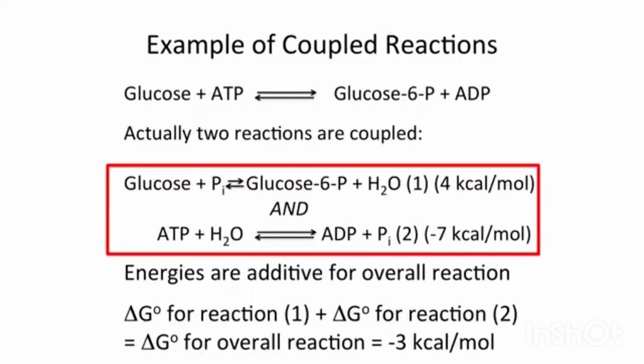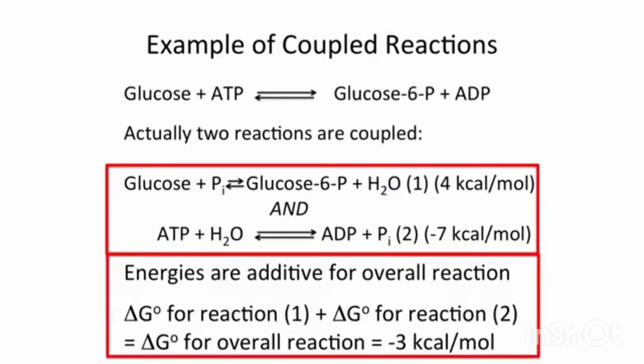And ATP plus water goes to ADP plus inorganic phosphate, reaction 2. That reaction proceeds spontaneously. It has a negative delta G. So the energies are additive for these overall reactions, so that delta G for reaction 1 plus delta G for reaction 2 is minus 3 kilocalories per mole. So by coupling these reactions, you can actually create glucose 6-phosphate along with the hydrolysis of ATP to ADP.